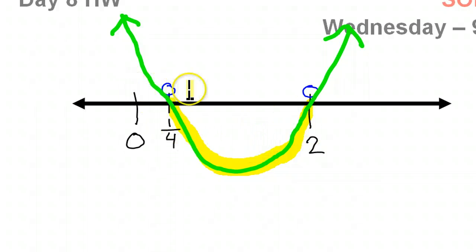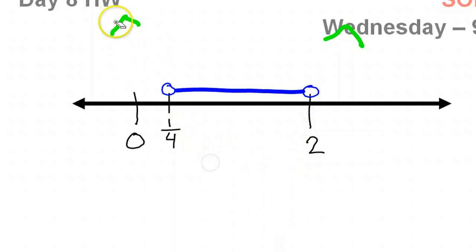So in terms of the x-axis, we're talking about x values that go from here to here. That's the part of the parabola that's below the x-axis. It's the part of the parabola that's between 1/4 and 2. So that's how you could get the answer in 30 seconds.